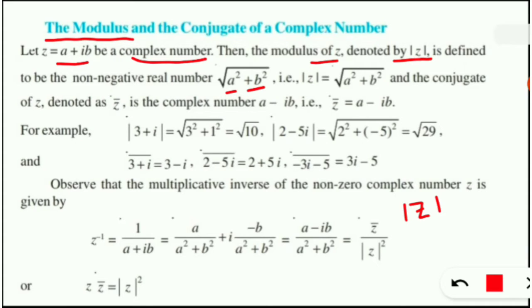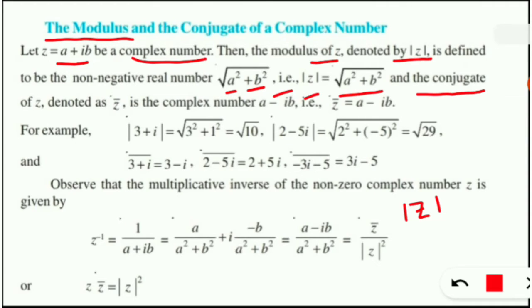That means mod z equals under root of real part square plus imaginary part square. Clear?